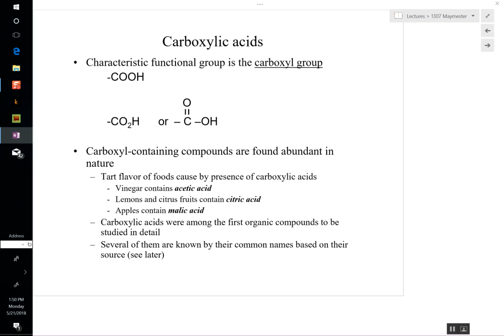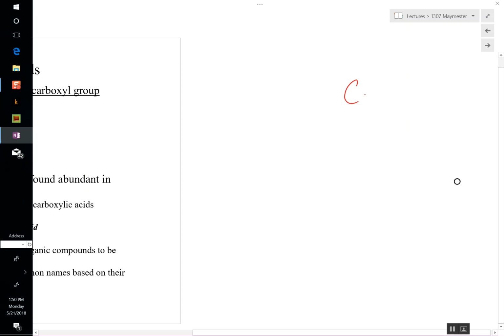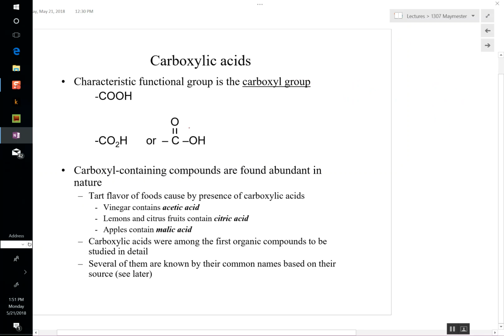Earlier, in chapter 13, we showed a molecule that had an OH group over here and a carbon-oxygen double bond over here. That's not a carboxylic acid. That's an aldehyde and a hydroxyl on a molecule. A carboxylic acid has all of that on the same carbon, and it's always at the end of the molecule.